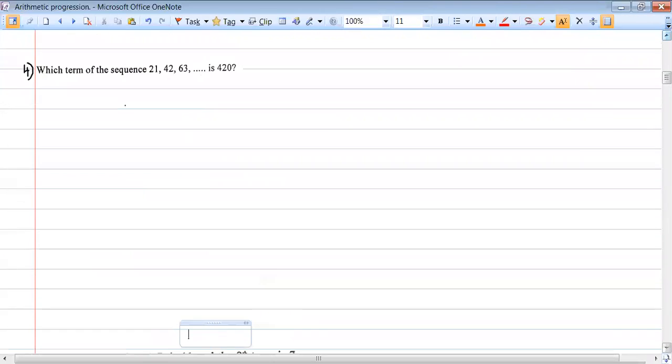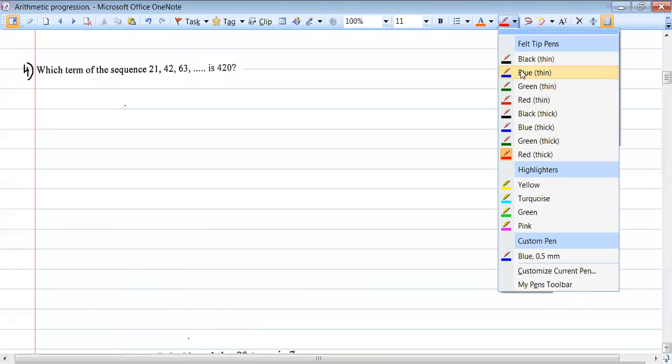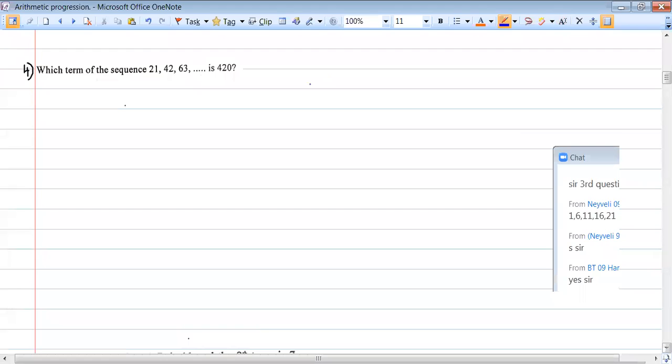So question number 4, everyone do it. Which term of the sequence 21, 42, 63 is 420? Dear students, let me explain what you will usually do. A plus n minus 1 into D is equal to 420. You will substitute like that, and then find the value of n.